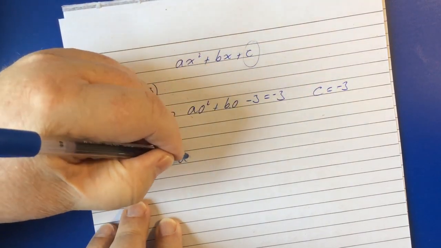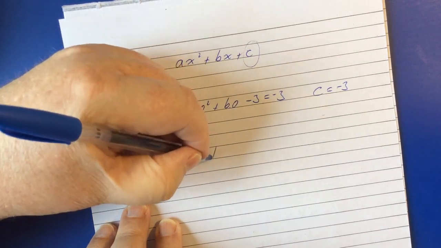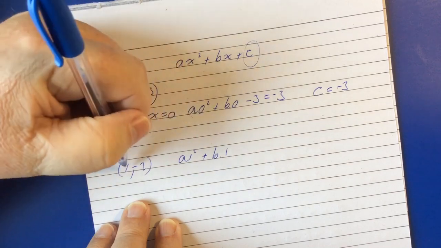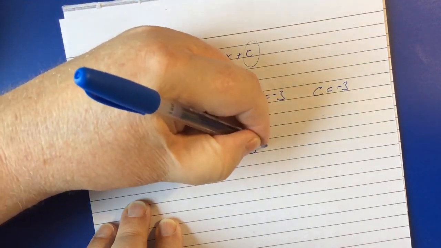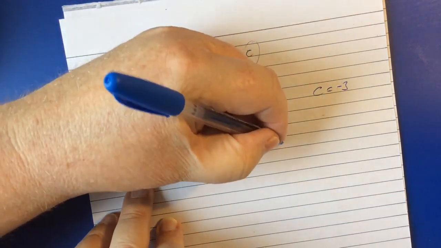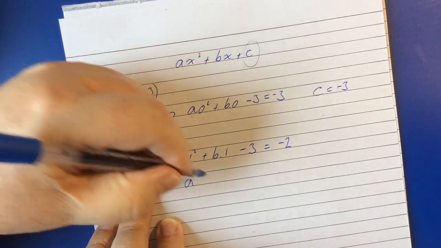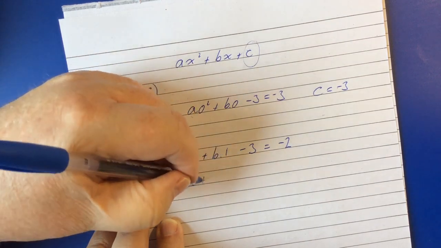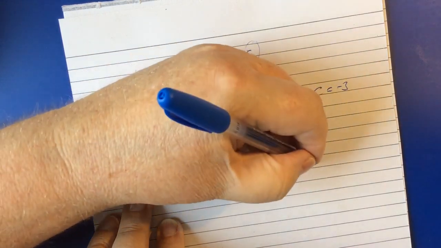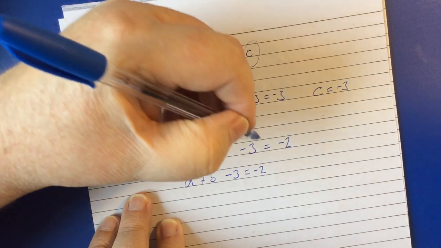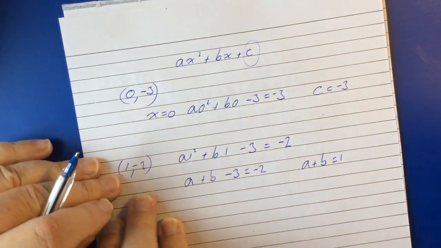So that is a times 1 squared plus b times 1, that's using x equals 1, minus 3 equals, according to this, -2. Now let's tidy that up. So 1 squared is 1, so that's a, b times 1 is b, a plus b minus 3 equals -2. From that, we can comfortably say that a plus b equals 1.